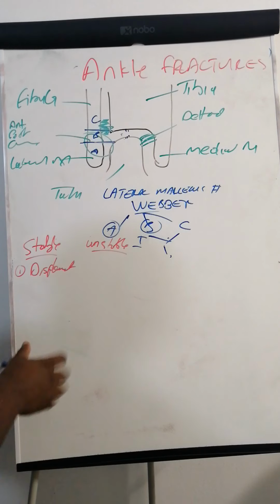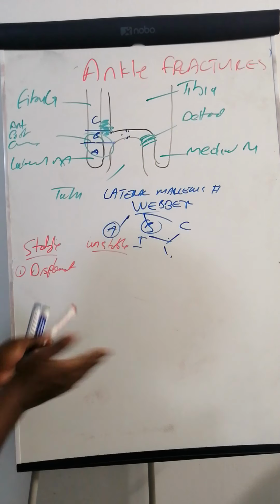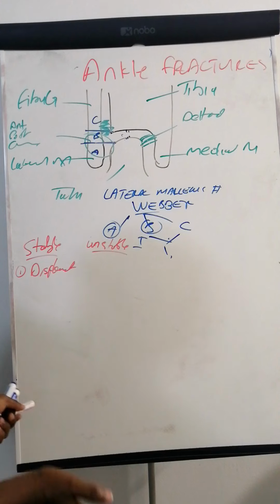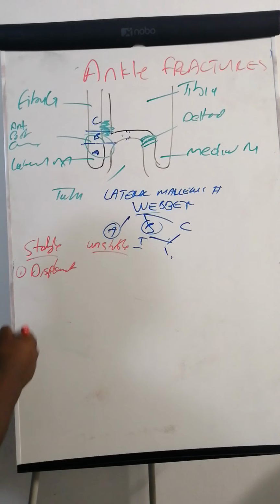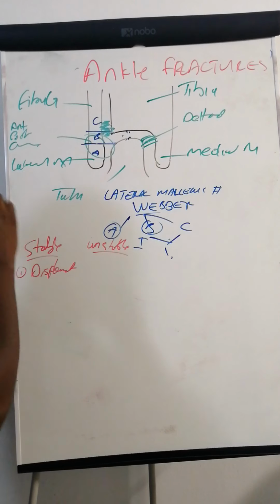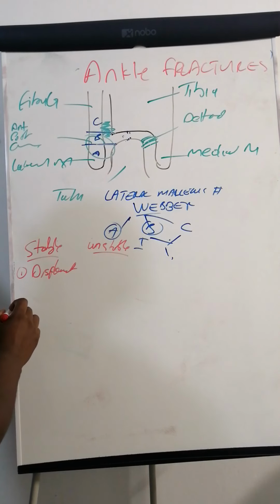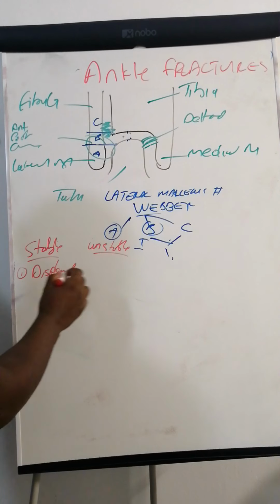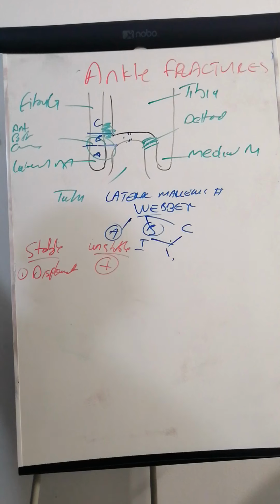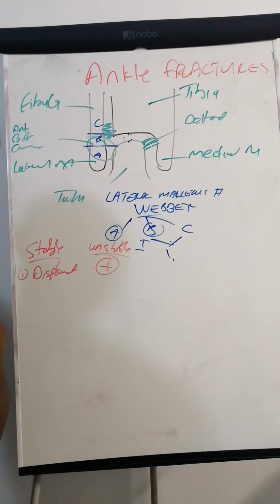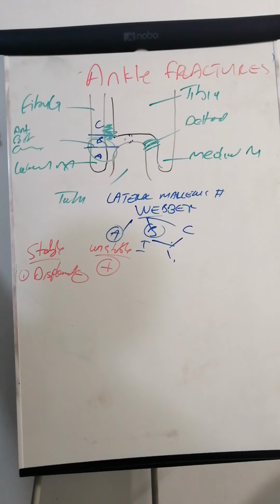So this is what I want to help you with, because not all ankle fractures are you going to be able to Weberize, put under the Weber classification. So when you've got that kind of situation, you say to yourself, is there displacement or not? If there is displacement, then that fracture is unstable. If there is no displacement, then that fracture is stable.